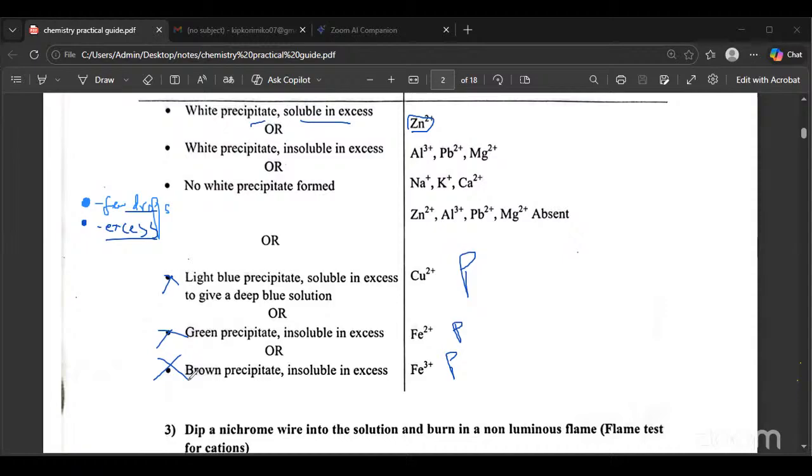So no white PPT formed. We are still maintaining the same two, sodium and potassium, which is very important. So don't forget about those ones when you are discussing those. Unless there's a query in this one, I can continue.